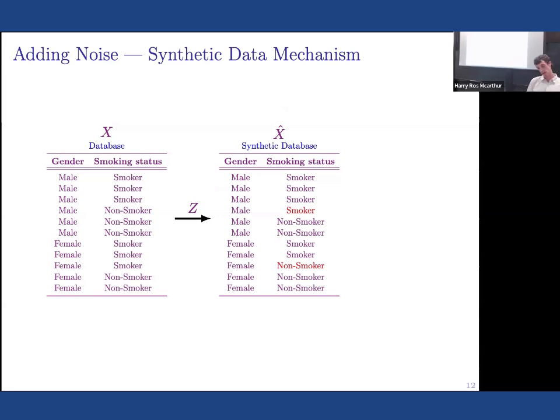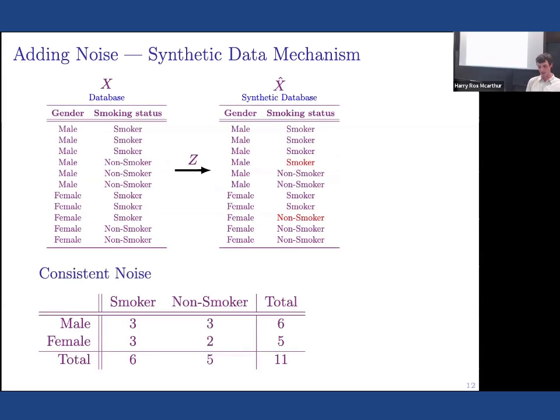You go ahead and you tabulate the synthetic database relative to the true one, and the result is that you're effectively applying perturbations which look like this to the original table. You can see that there's one more male smoker and one less male non-smoker. And this is the table that you will then publish.